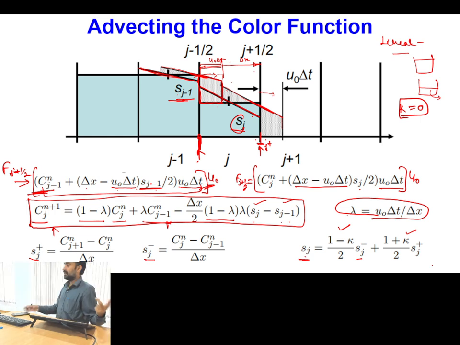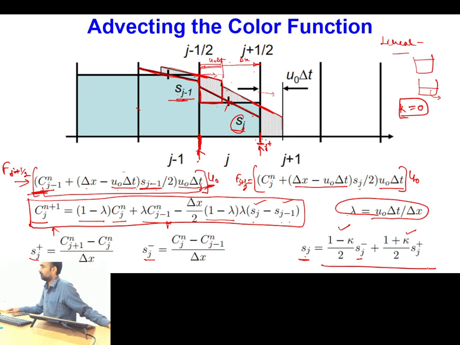For calculating Sj, first you need to define the grid of Sj which is at offset of delta x by 2 from the central nodal values, because this will then be utilized to calculate J plus and J minus. Once you have calculated J plus and J minus, then on your actual node where volume fraction is stored, using this weighted average you can store the value of Sj.